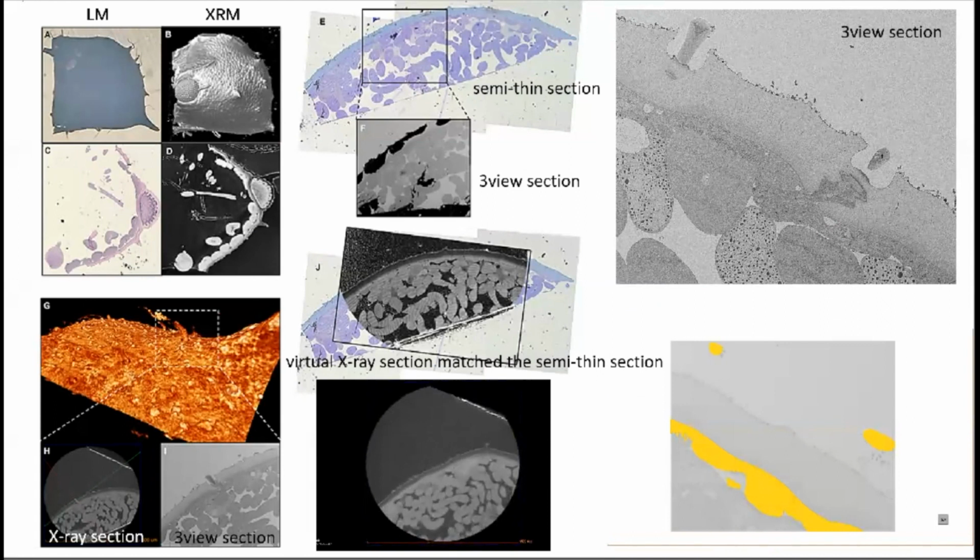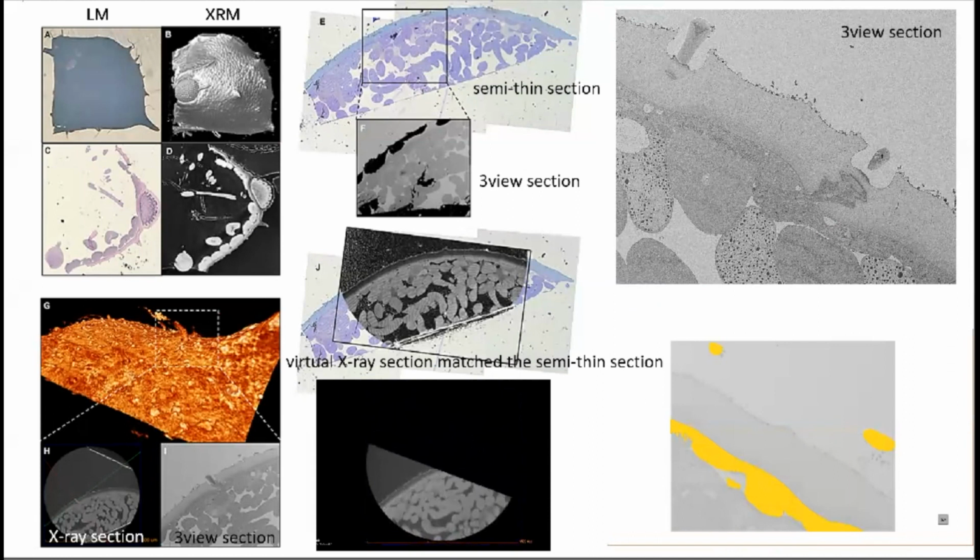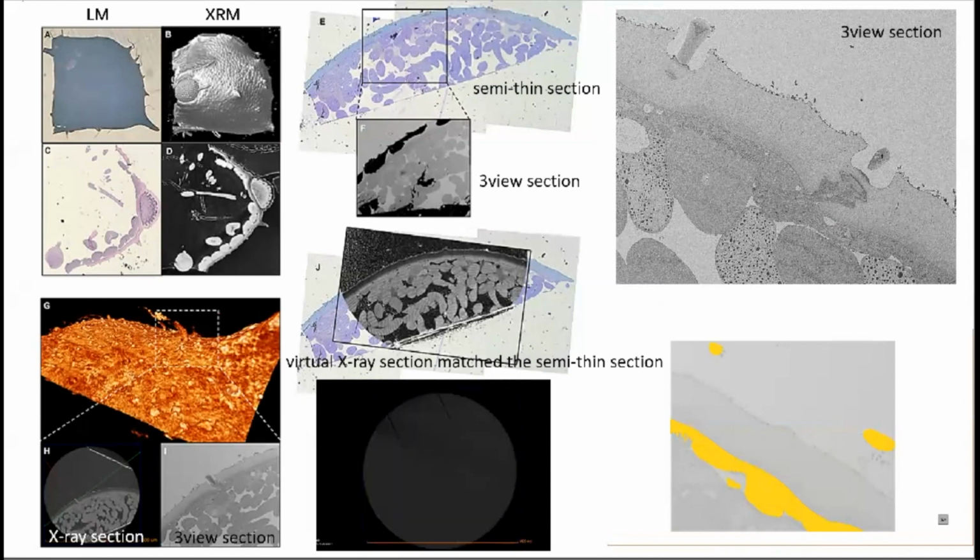The X-ray data was used for reference to direct subsequent trimming. A semi-thin section was cut and compared with a virtual X-ray section to align the resin block with the X-ray data set.